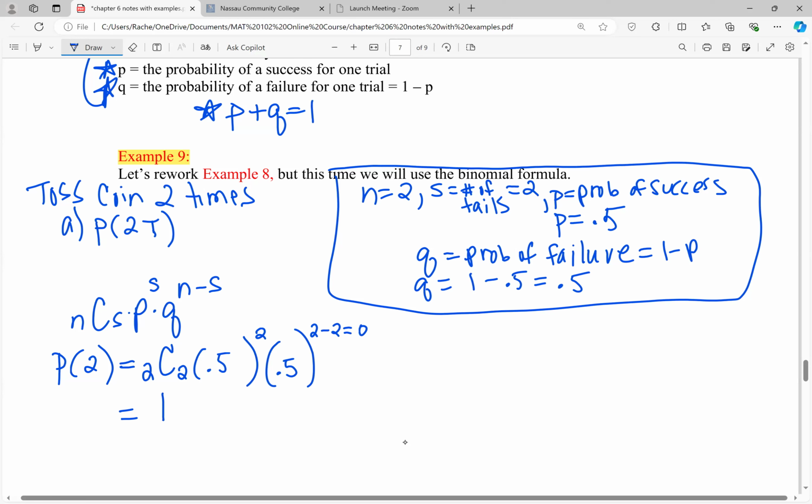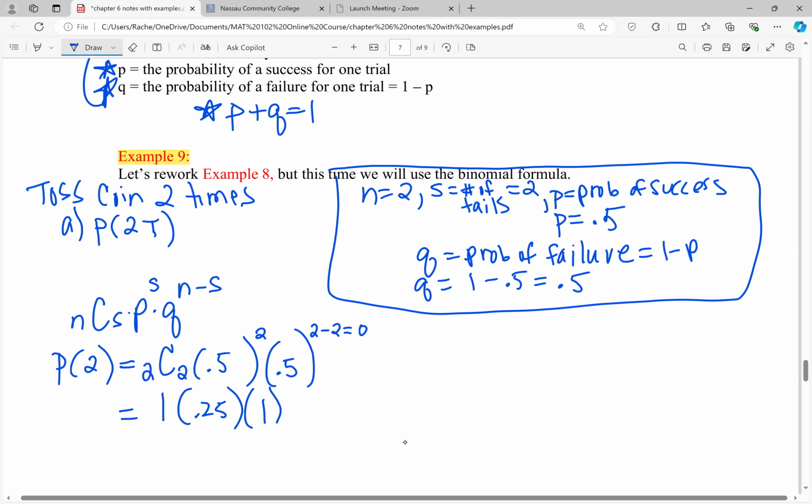And now we have to multiply 0.5 squared, right? So we're going to take 0.5 and you're going to square it. And we get 0.25. And here we have 0.5 to the 2 minus 2, which is 0, right? And anything to the 0 power is 1.